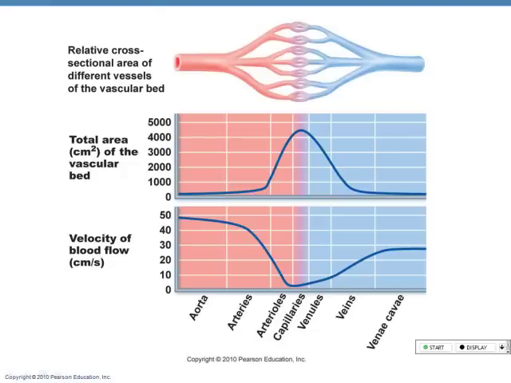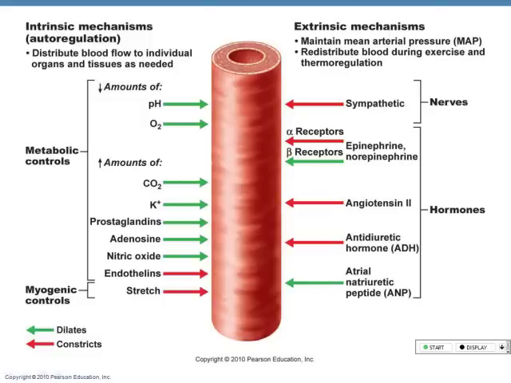So think of all those branches. And that's where we're going to see the total area the most in the capillary beds. And that makes sense. We've got to feed who? Who are we feeding? Everybody. Every single cell in your body needs to have some way to access nutrients and waste. So we see that relationship with respect to velocity and area.